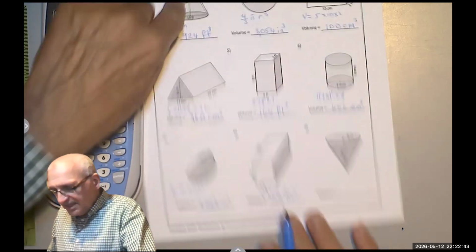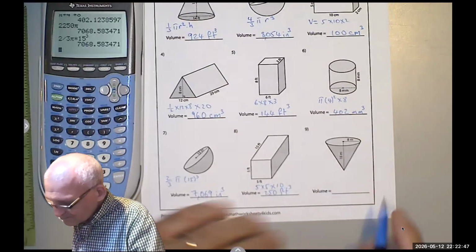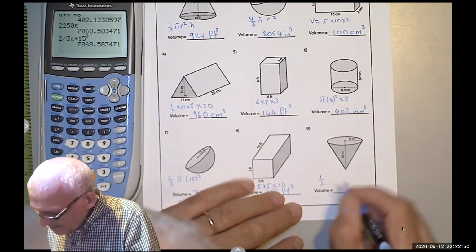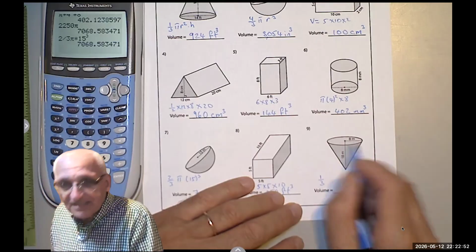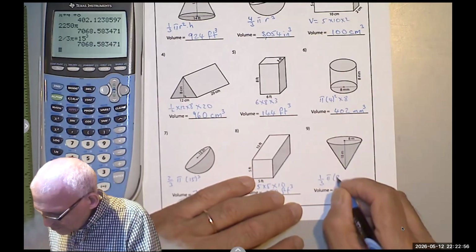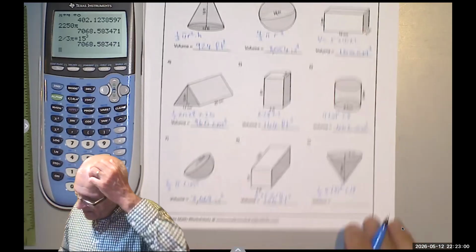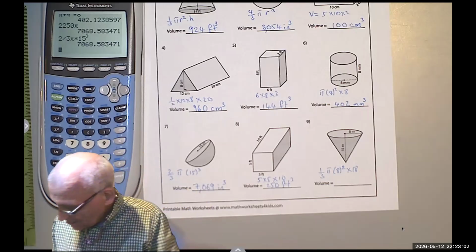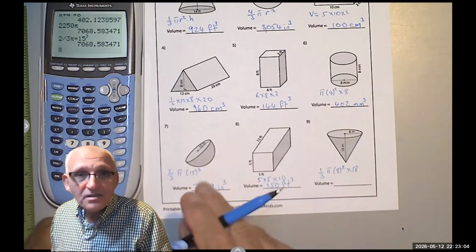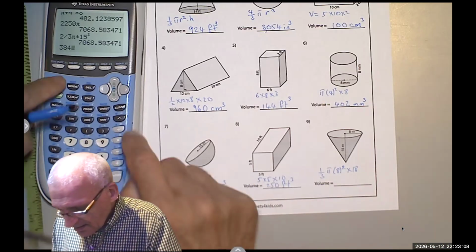And finally, we have an identical cone. We say it's 1/3. Here, the radius already is 8. So pi times 8 squared times 18. Okay? So 64 times 6 is 384 pi.